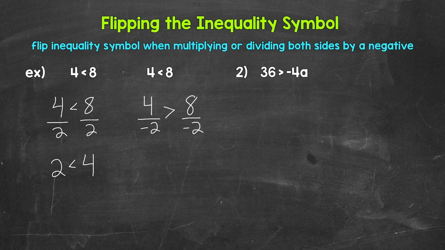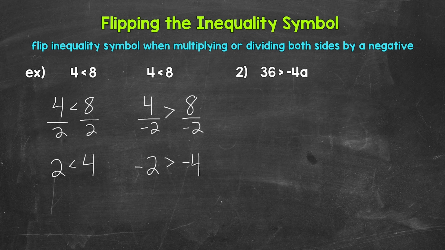As soon as we divide both sides by a negative, that symbol flips. It changes direction. That's because 4 divided by negative 2 is negative 2, and 8 divided by negative 2 is negative 4. Negative 2 is greater than negative 4. So for that inequality to remain true, that symbol flips.